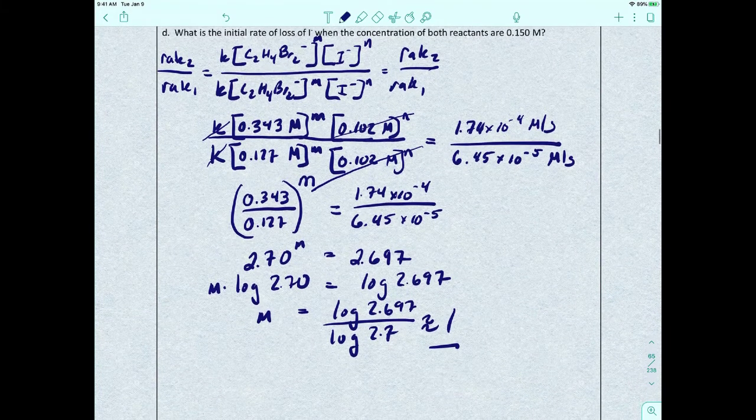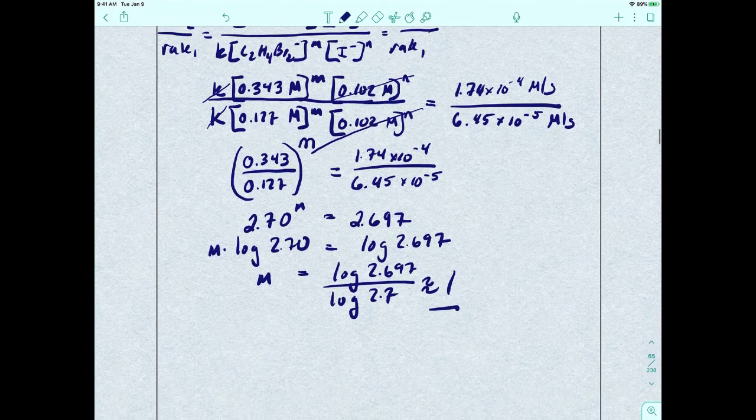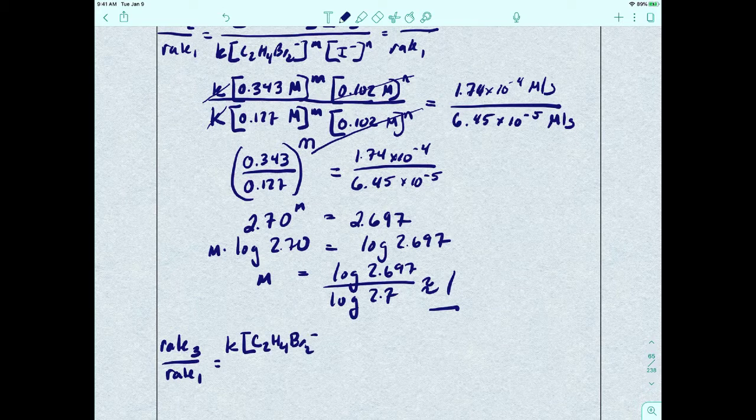All right, so now we got to figure out the exponent for the next reactant. So let's compare the rate of experiment 3 divided by the rate of experiment 1. So let's try that. We're going to rewrite that rate law. It's going to be the rate constant times the concentration of C2H4Br2 raised to the first times the concentration of I minus raised to the n power.